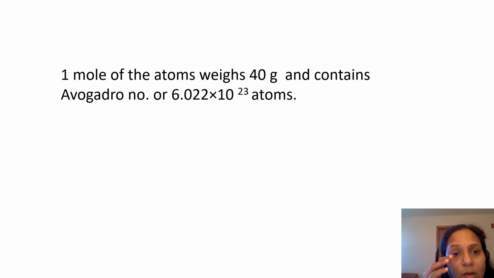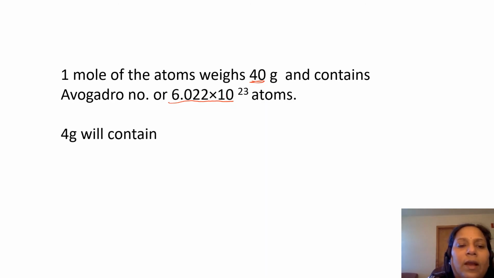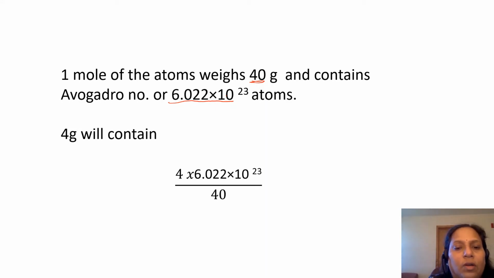We now use the mole concept. So 1 mole of the atom weighs 40 grams. Why? Because the molar mass is 40. And this will contain Avogadro number of atoms, that is 6.022 into 10 to the power of 23. So we now have to find the number of atoms in 4 grams of the atom. So 4 grams will contain 4 multiplied by Avogadro number upon 40.